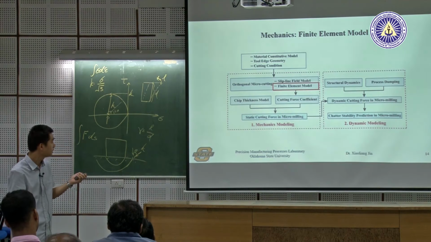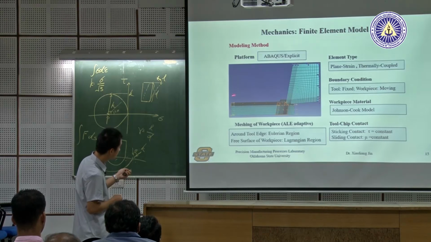So we use this model to do the same thing for the machining purpose. We give a radius at the tool tip, and we model this workpiece. Then we give a certain velocity to the workpiece, and apply the friction property between the chip and the workpiece.